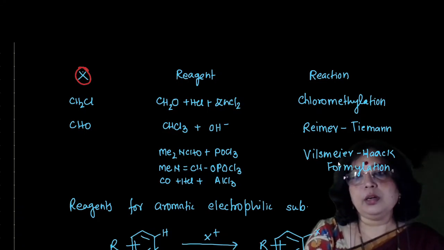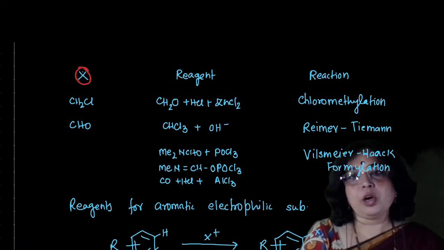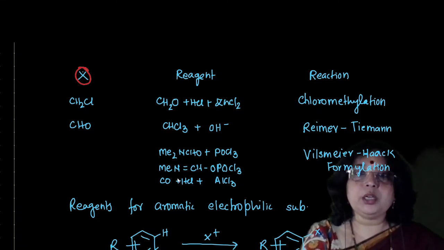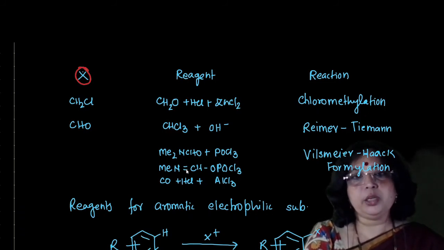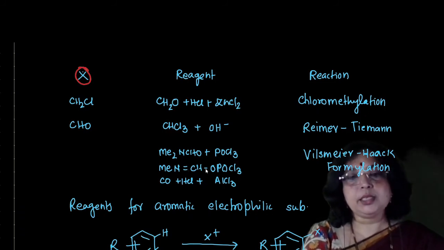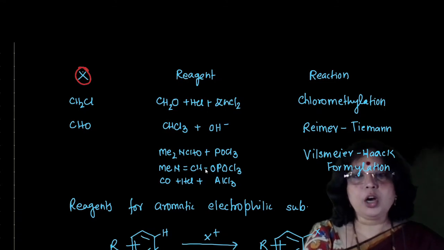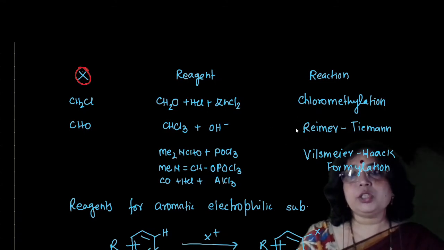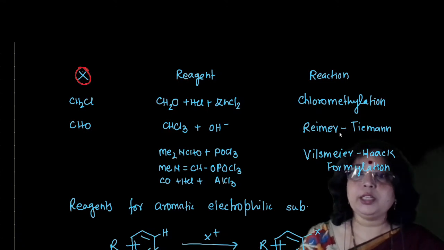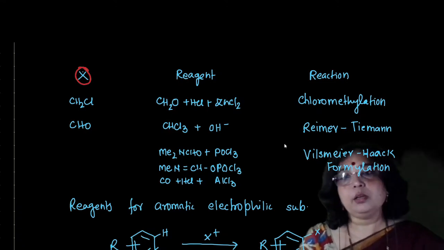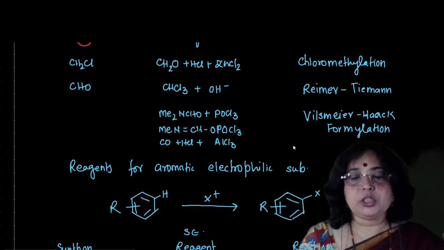Another method is the Vilsmeier-Haack formylation. Here we are using dimethylformamide and POCl3, where you will get the formation of an iminium salt. These are the important reactions for formylation, the Reimer-Tiemann reaction and the Vilsmeier-Haack formylation.